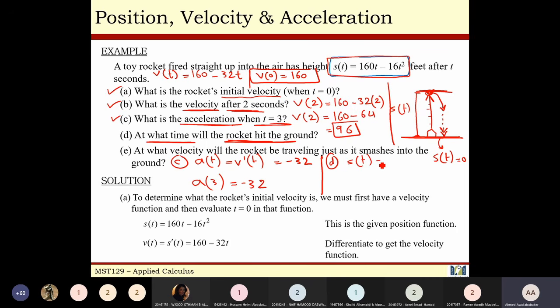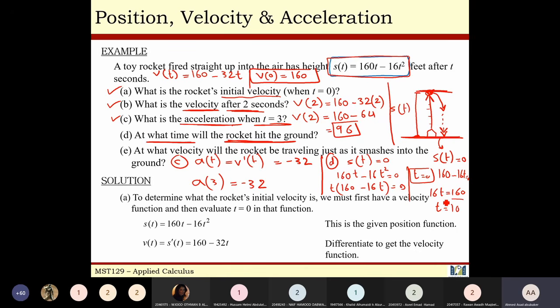So we need to find the zeros of s of t. s of t equals 160t minus 16t squared equals 0. Taking t as a common factor, we have t times (160 minus 16t) equals 0. So t equals 0, or 160 minus 16t equals 0. t equals 0 is the initial time. Now 16t equals 160, so the time equals 10.